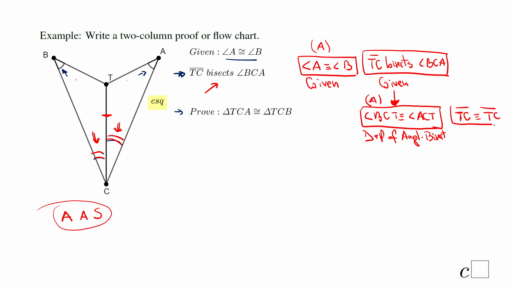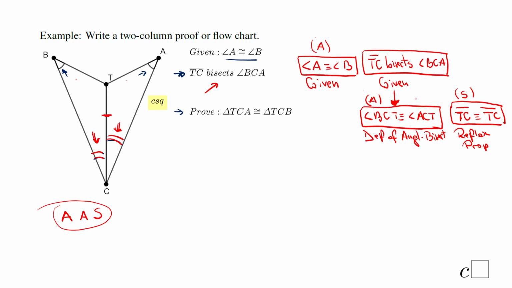Okay, another box here. And now what is the reason for writing this? It's called the reflexive property. Okay, so now we have the side here. So look at here one more time, you want to check it.